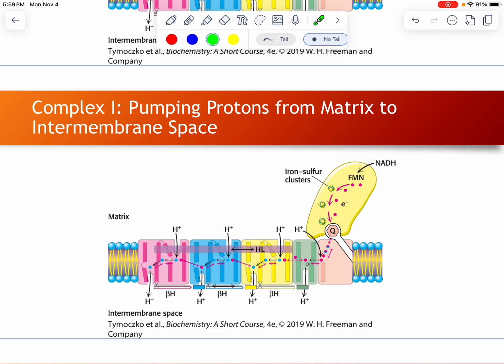The conformational change caused when Q became Q2 minus causes changes in the pKa's of the side chains, which cause the H plus to bind. So remember, these are all proteins, so there's all these side chains all through here, and the conformational change changes the pKa.